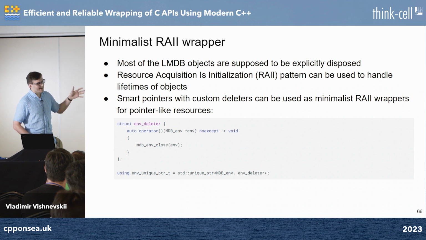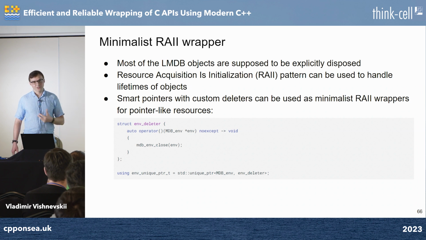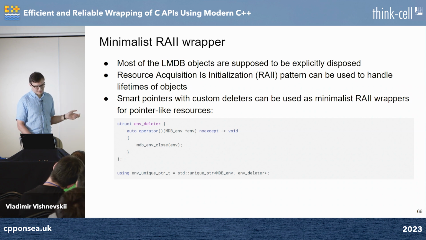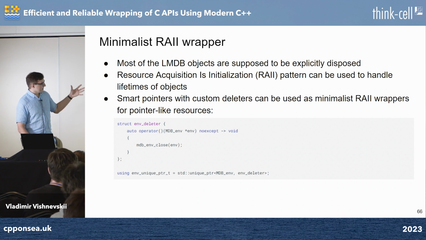RAII is resource acquisition is initialization. The idea is that if we acquire some resource, we initialize some handler, and the lifetime of this handler manages the lifetime of the resource. Yeah, so generally the simplest handler that can be implemented in that way using the standard facilities is a unique pointer with a custom deleter.